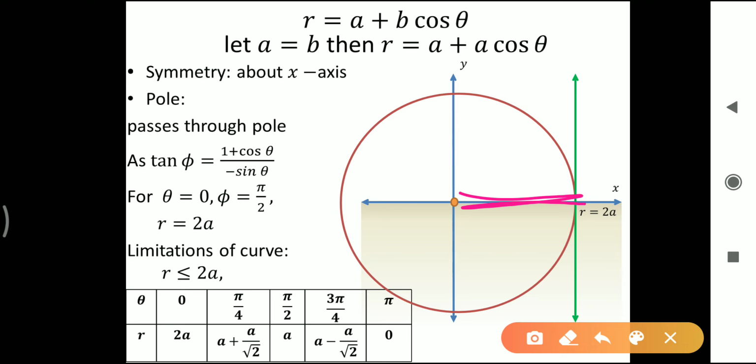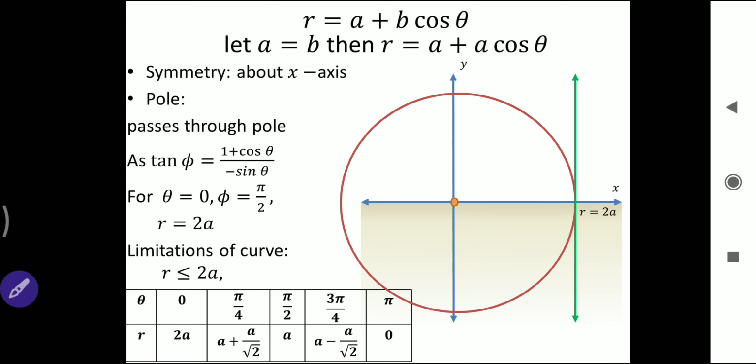Then when you put theta equal to pi by 4, you are going to get r equal to a plus a by root 2. So it will be a value somewhat greater than a. Here theta is 0, and this is the point when theta is pi by 4, where the length of the radius vector is a plus something.